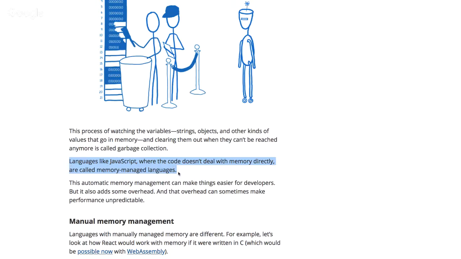But in languages like JavaScript, the engine will take care of it. You just say, hey, I want a variable called X and I want to assign it hello. The engine will take care of allocating the memory, encoding it, and putting the binary values into this allocated space. As soon as the variable is not being used anymore, it will free it up. That's called garbage collection, and these kinds of languages are called memory managed languages.